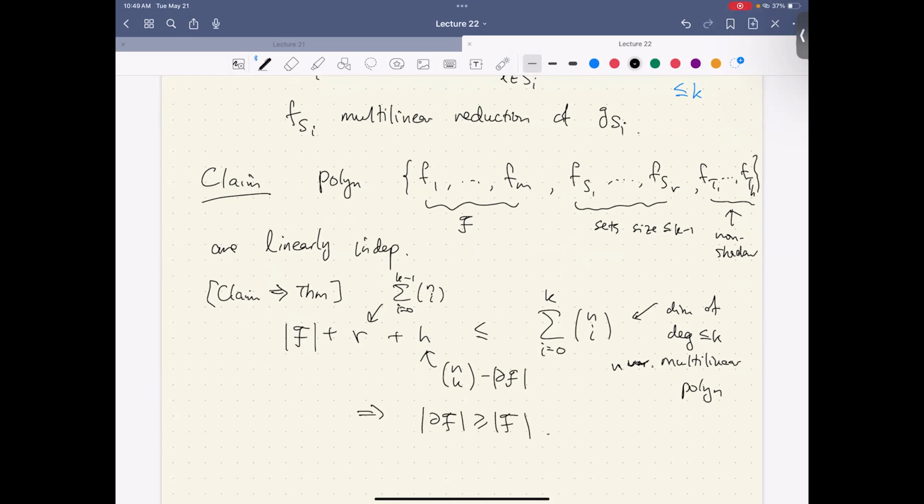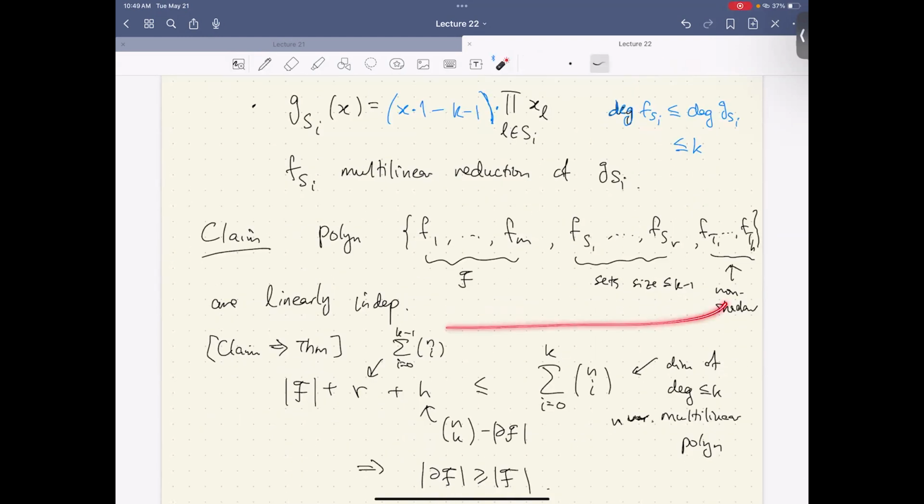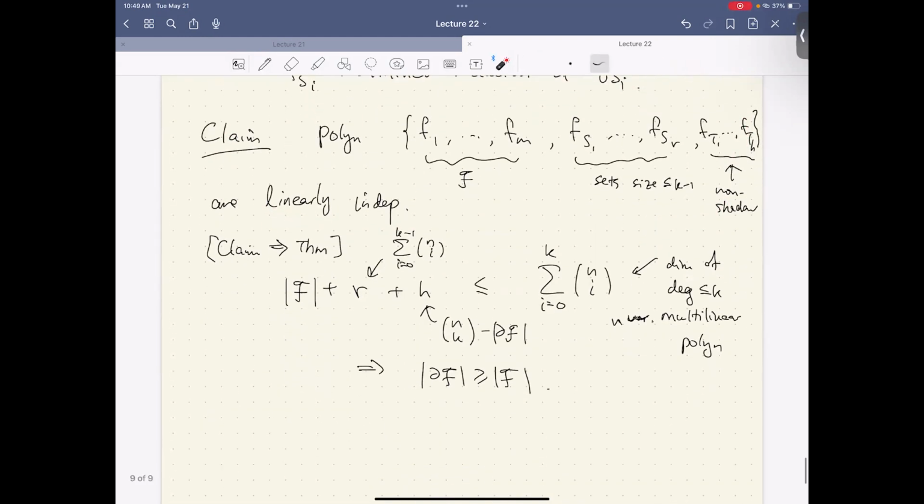So let's verify that they are linearly independent. We're going to verify using this triangular criterion.